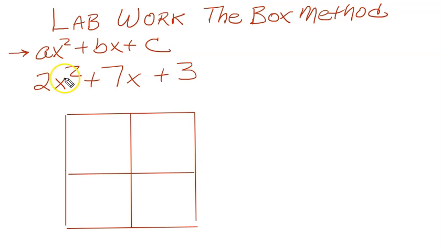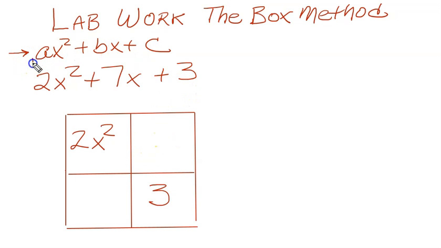So the protocol would be to write this first term here, write this last term here, and then we want to figure out what do we put in these two boxes.